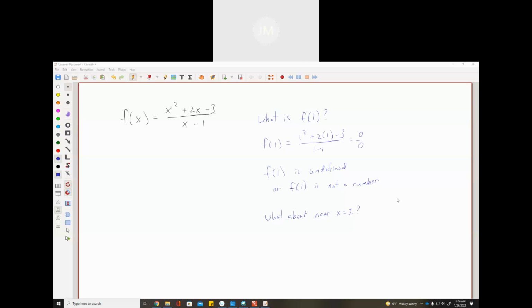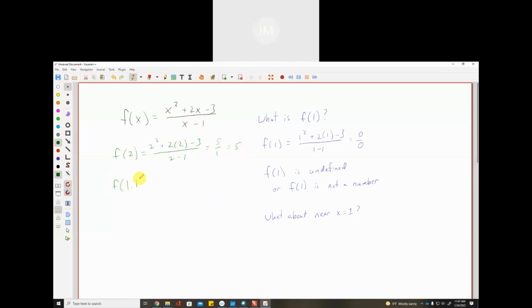Okay, so I can plug in other things, right? I could say, all right, what is f of 2? We could compute that. 2 squared plus 2 times 2 minus 3 over 2 minus 1. So we'll get 4 plus 4 is 8, minus 3 is 5, over 1 gives me 5. Oh, okay, that's nice. All right. 2 isn't that close to 1, but it's sort of in the same general vicinity.